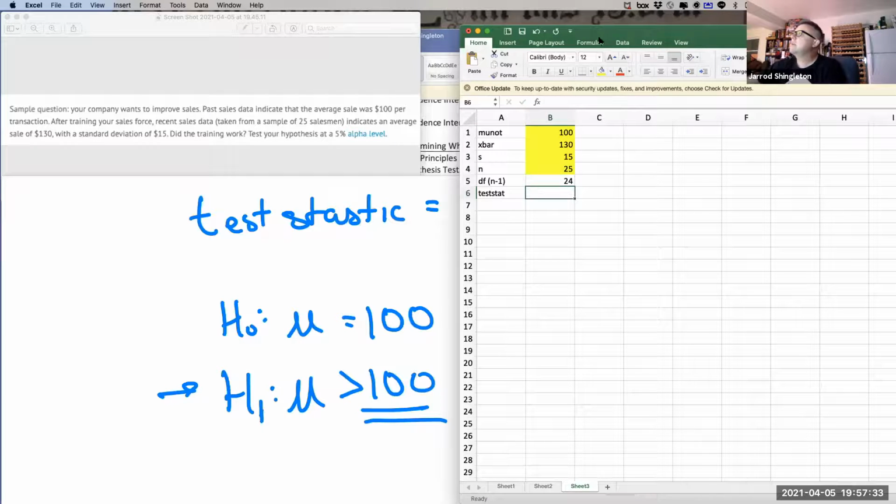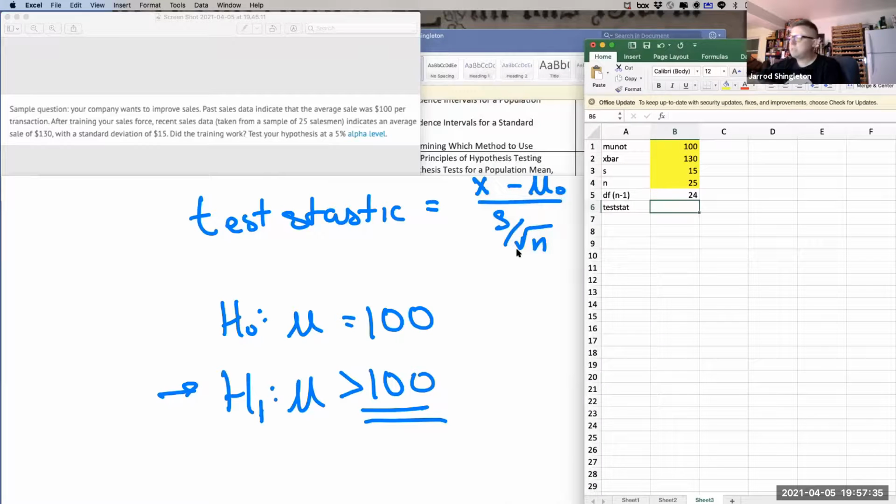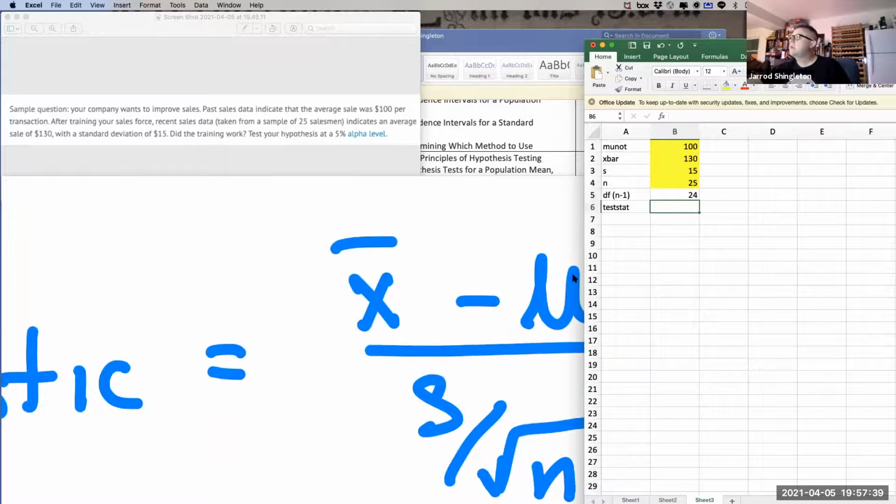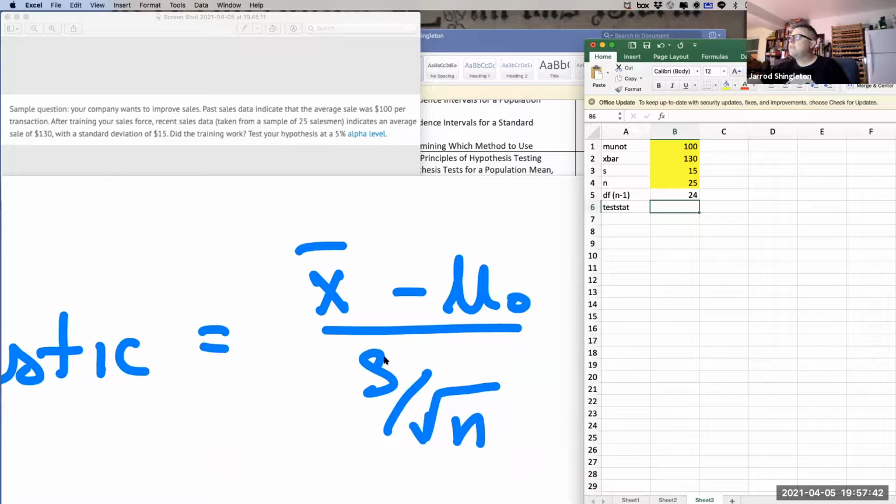Now my test statistic, if I look back at the formula for my test statistic, remember, it is X bar minus mu naught divided by S over square root of N. I have all of these pieces. Let me go ahead and create my test statistic. This is equal, and I'm going to put parentheses, X bar minus mu naught. This is going to be a positive test statistic.